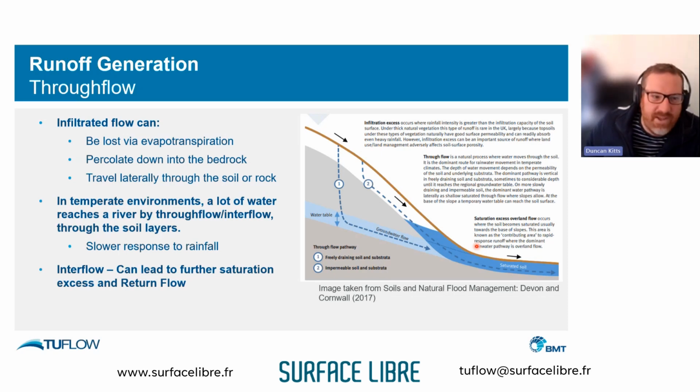I live quite high up a hill, a moderately sized hill, and it's rained that much in the UK this winter already that water is just spilling out of that pump. That interflow from elsewhere is just coming out at that location. So that causes further saturation of the soils where you might not expect it. Well, maybe you will expect it, and then it gives you that return flow back onto the surface.